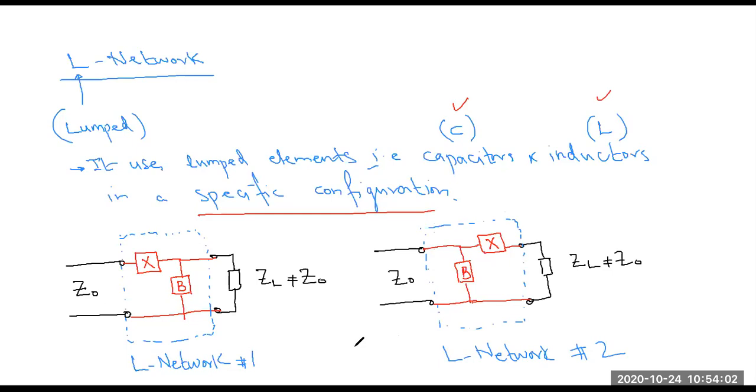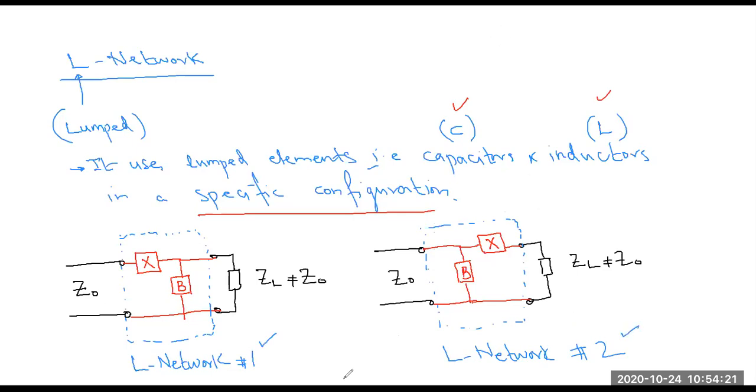So now, coming to the design process, as a microwave engineer, how will you decide whether L network one will solve the problem or L network number two will solve the problem?